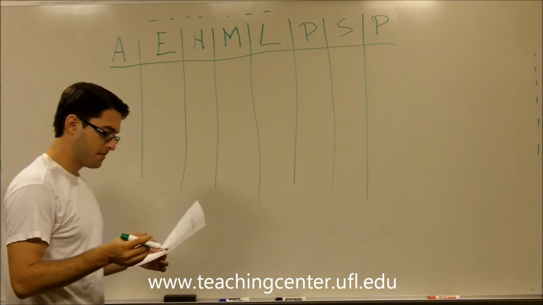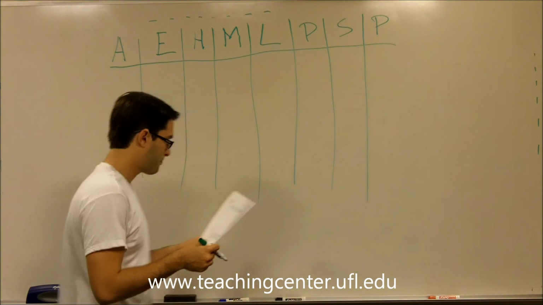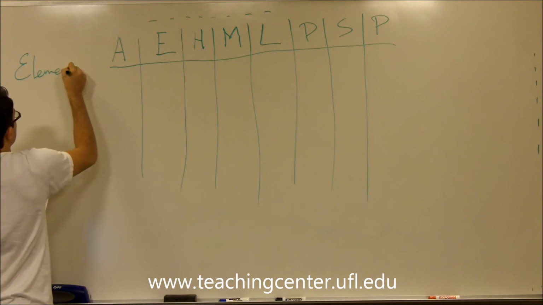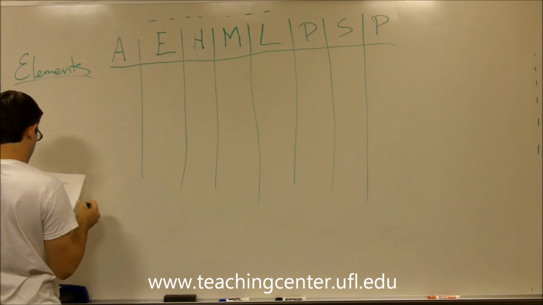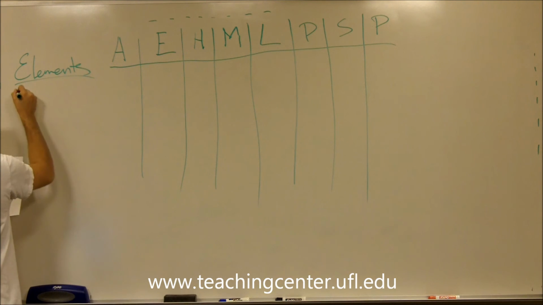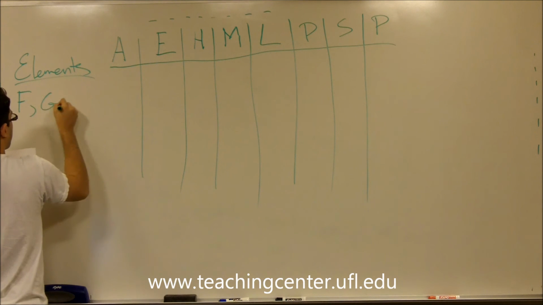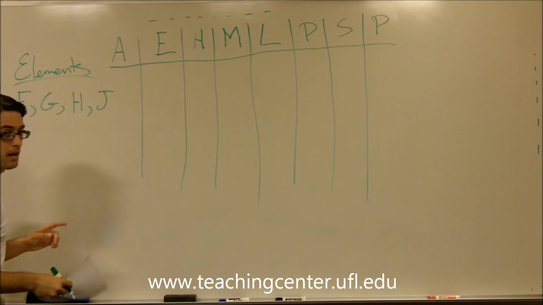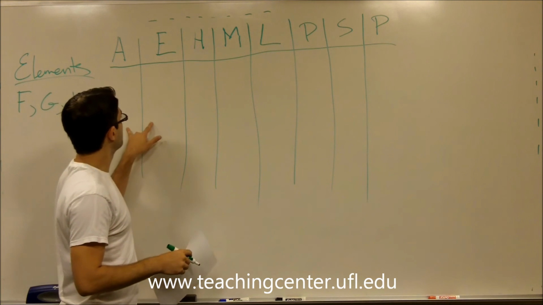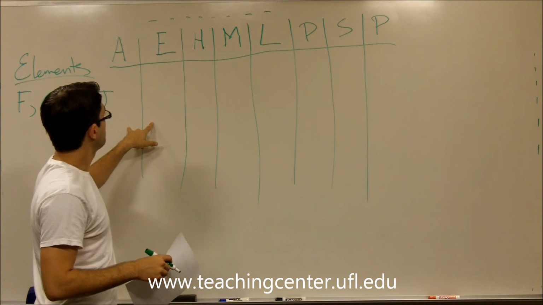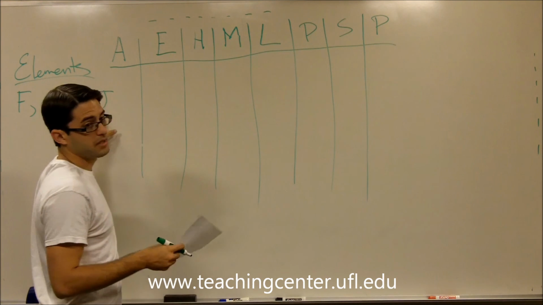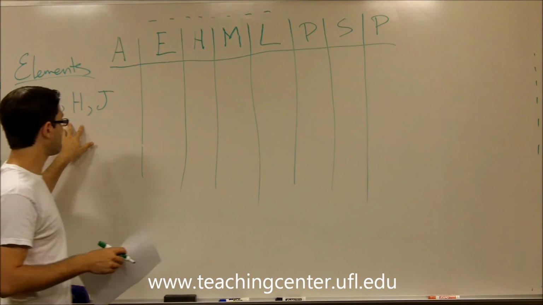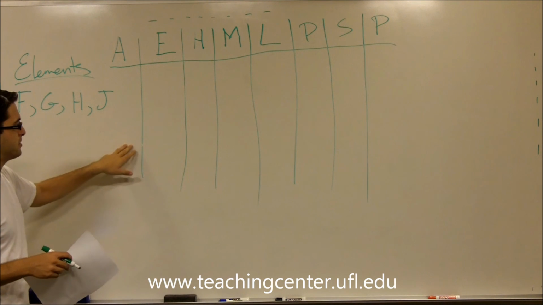Now your elements are obviously going to be your people. So your people are Francis, Gary, Hank, and Jessica. However, you're going to have double elements. In other words, you have 8 speeches and 4 people, but each person is going to give 2 speeches.